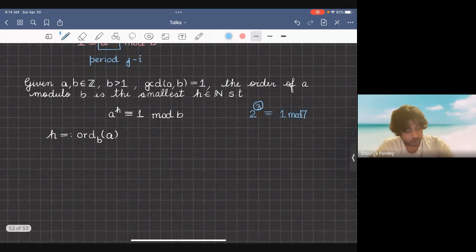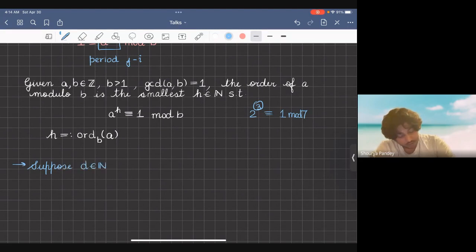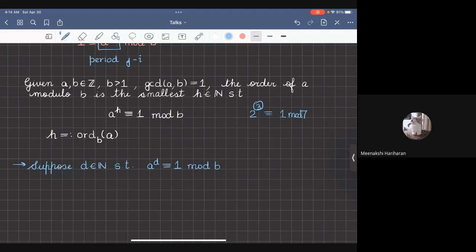So property 1. Suppose there is some natural number d such that a to the d is 1 mod b. Then what can we say about h and d? d is a multiple of h.